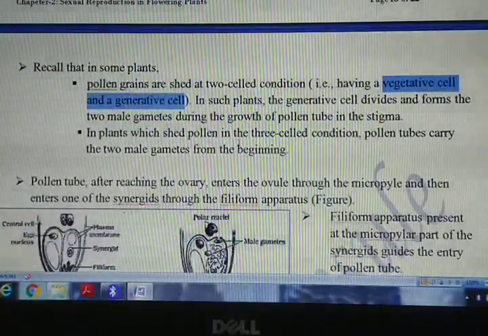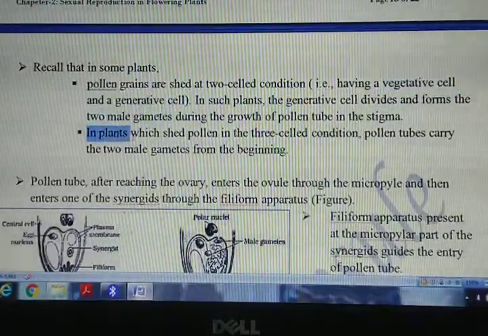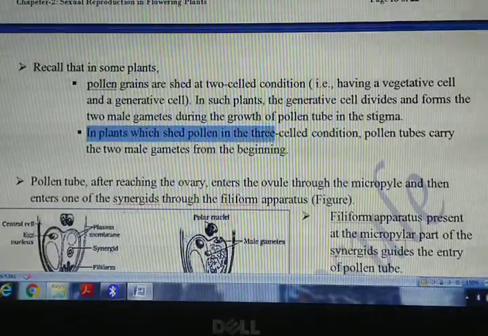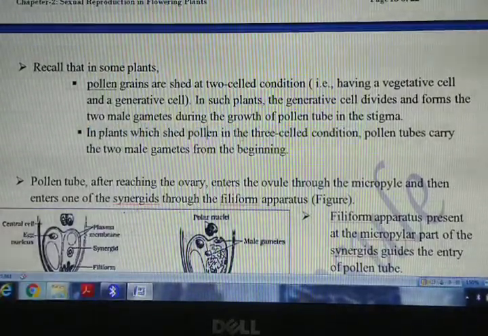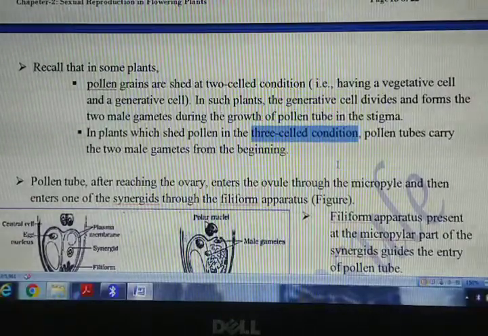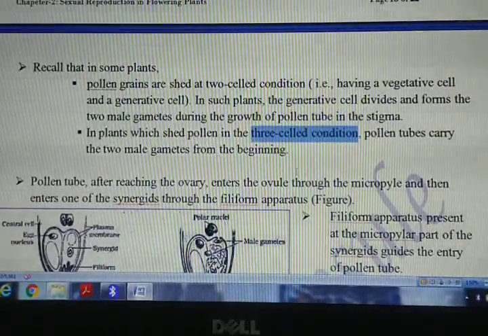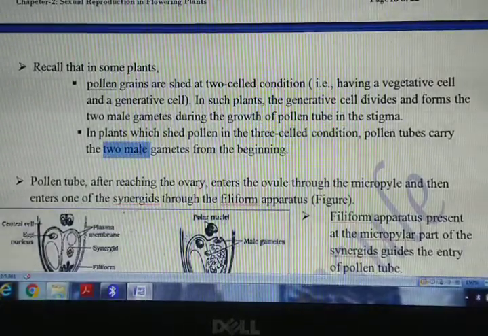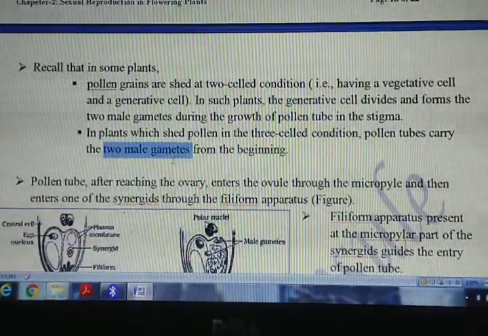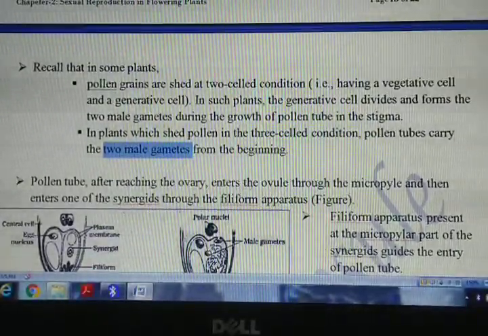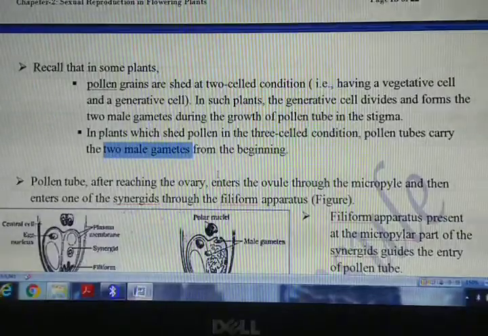Then in the other plants, around 40% of angiosperms, the pollen grains are shed at a three-celled condition. Means it has a vegetative cell, and the generative cell has already divided, as a result of which two male gametes have been created, plus one vegetative cell.